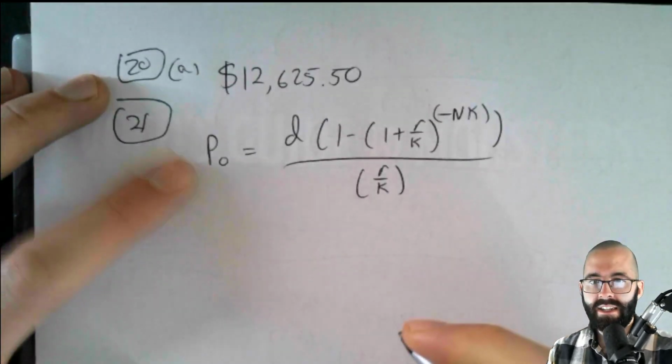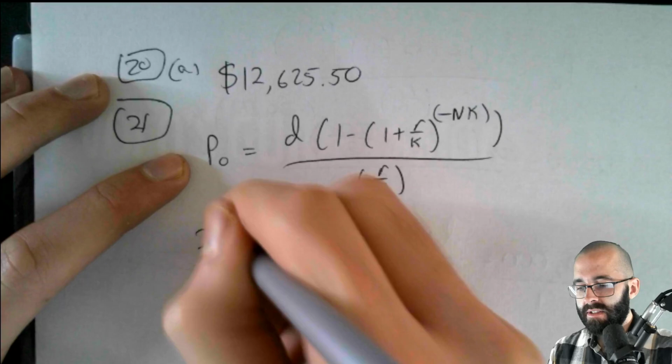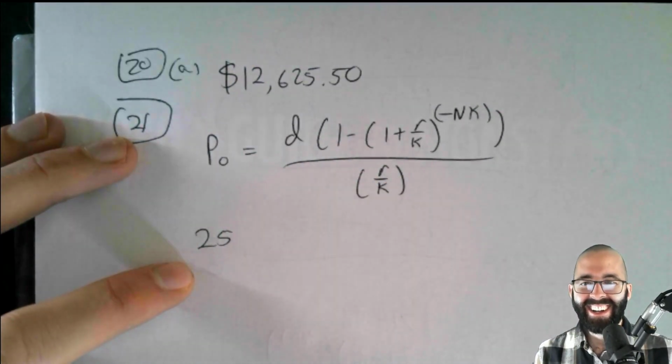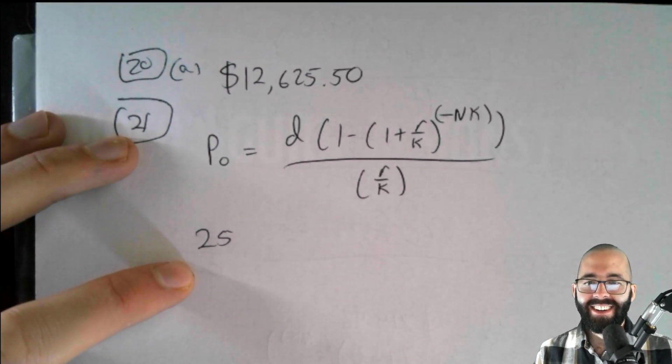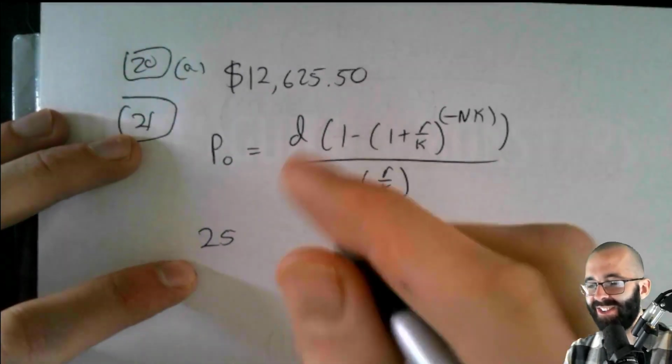So we're solving for D here. In number 21, the car is $25,000.